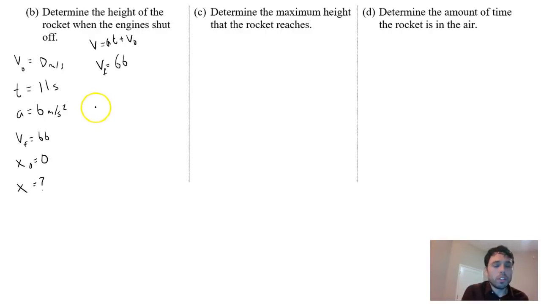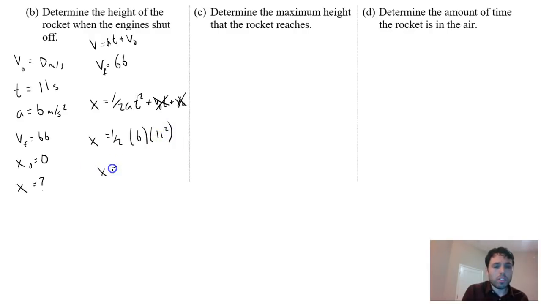For this, I'm going to need x equals 1/2 AT squared plus V naught T plus x naught. This part's kind of nice because x naught is 0, so it goes away. V naught is 0, so this part also goes away. So all I have left is 1/2 AT squared. So x equals 1/2, A was 6, T squared, T was 11 squared.